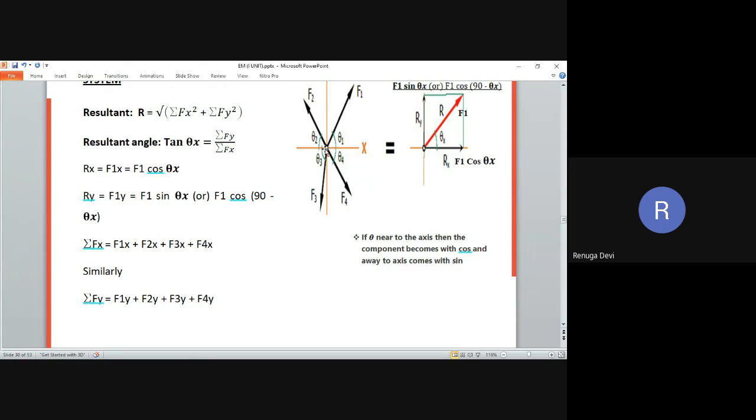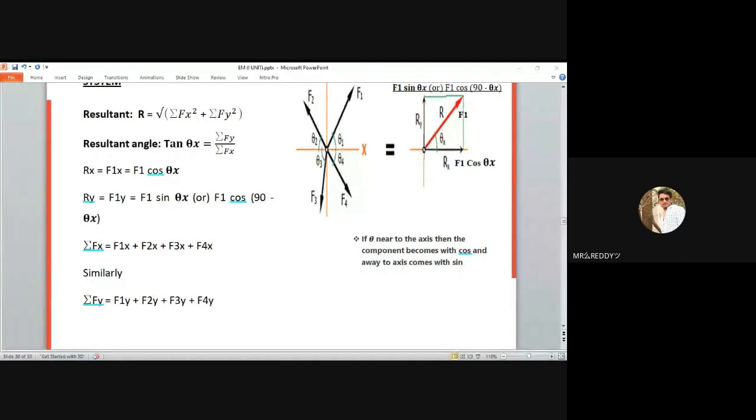Wherever you have the net force acting on the system, that side the resultant will move. That is the meaning. So 4 persons are pulling a single person. Which side can he move? The force having the greater magnitude, that side the person will move. So F1, F2, F3, F4.